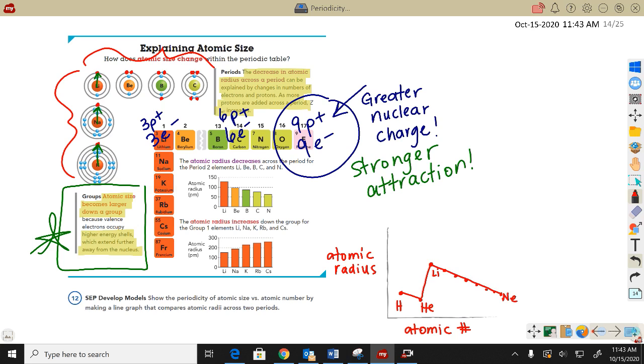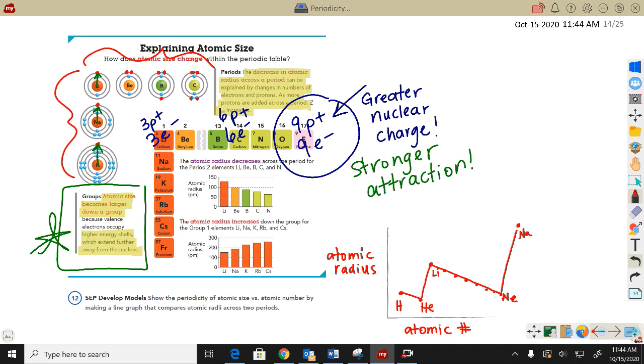Now I know they only say going across 2 periods, but let's be an overachiever and go 3. Because now if I go neon to sodium, now sodium's got electrons at 3 energy levels, neon only has electrons in 2. So there should be a big jump again. So I'm going to go maybe up in here, and I'm going to make this sodium.